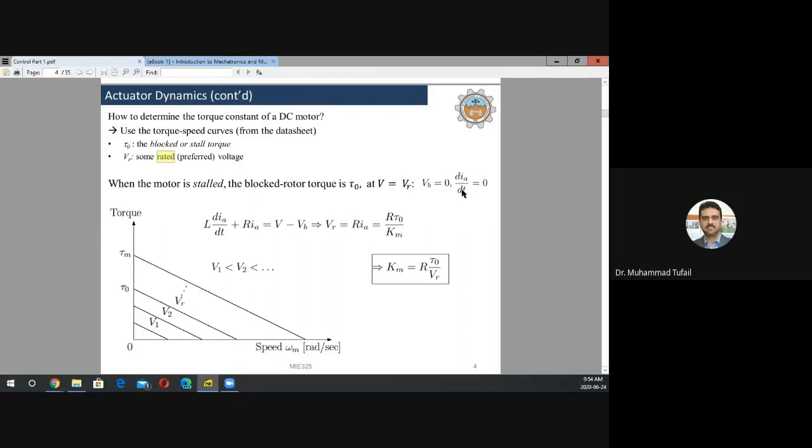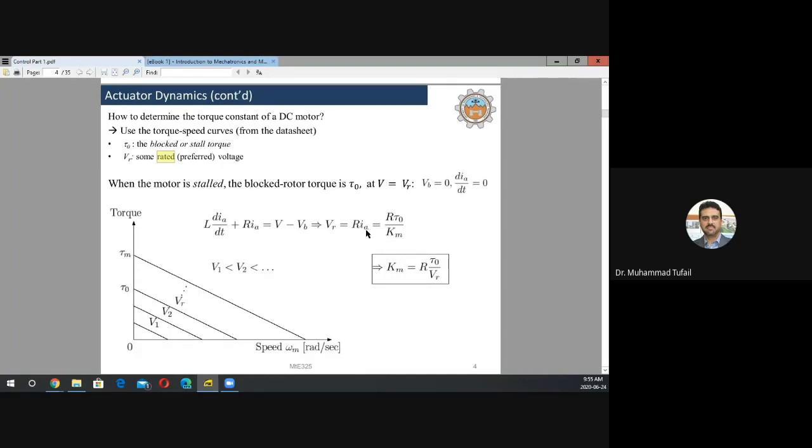So the derivative of the current is also 0. So this is 0, and this is 0. So the V becomes VR, and VR is just the resistance of the armature times the current in the armature, R times IA.